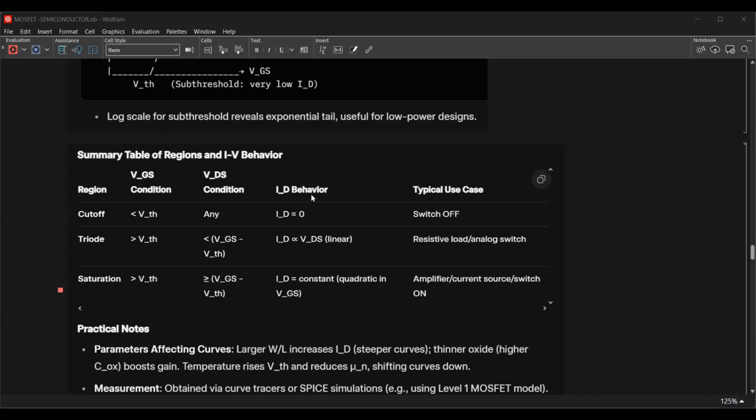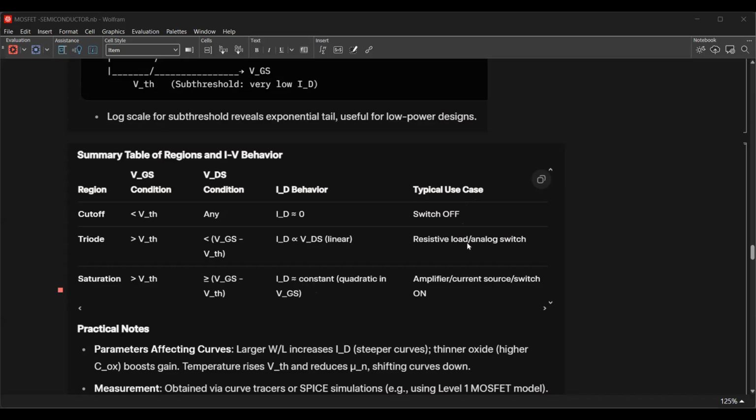Then the ID behavior: in the cutoff region, the drain current is equal to 0. In the triode, the drain current is directly proportional to VDS. In the saturation, it is approximately constant. For the typical use case, in the cutoff we have the switch off.